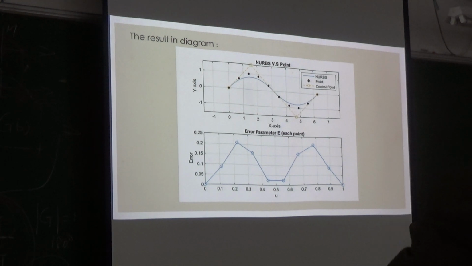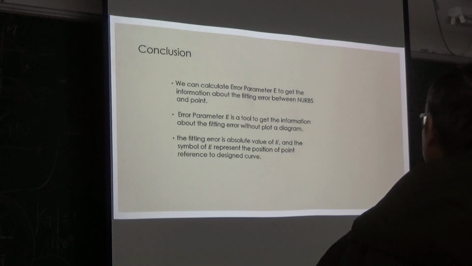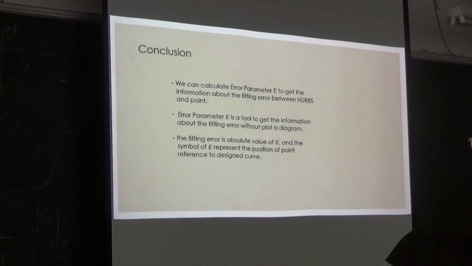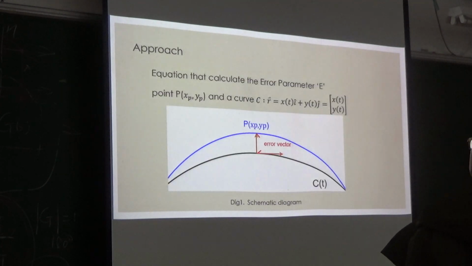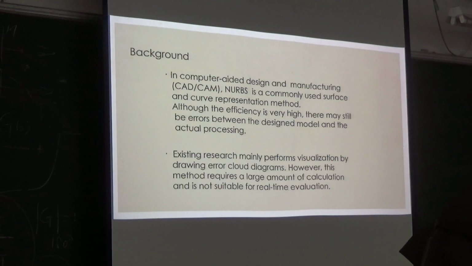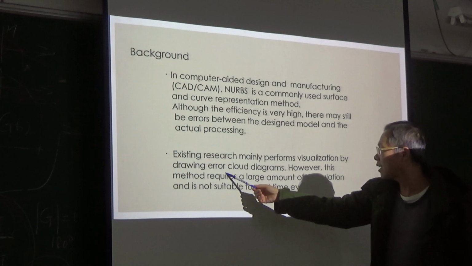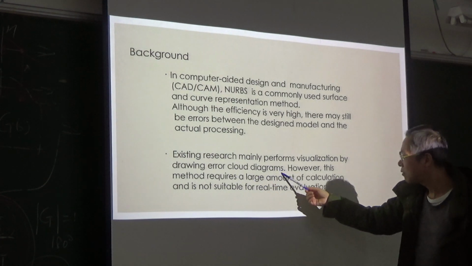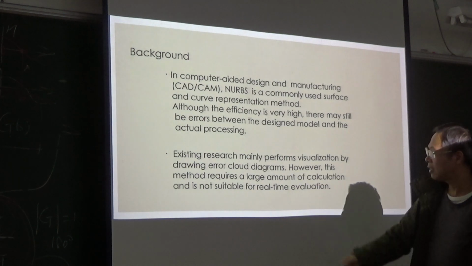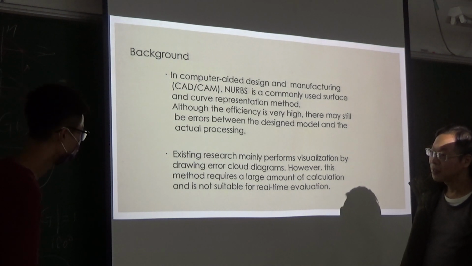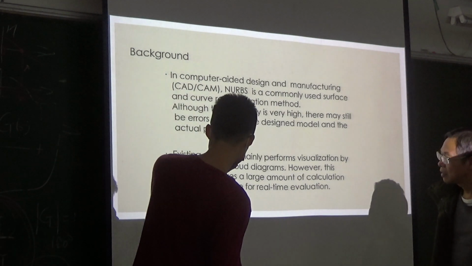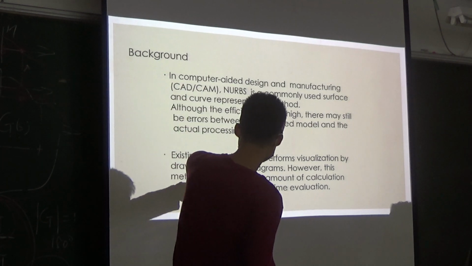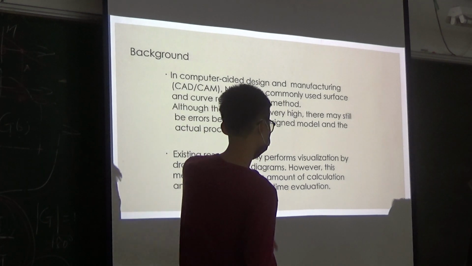And finally, let me ask some. Can you go to the previous? The very first, maybe the second page, yeah, here. You say you have some terminology. Error cloud diagram. What does this mean? Error cloud diagram. It just means the error shown in the diagram.